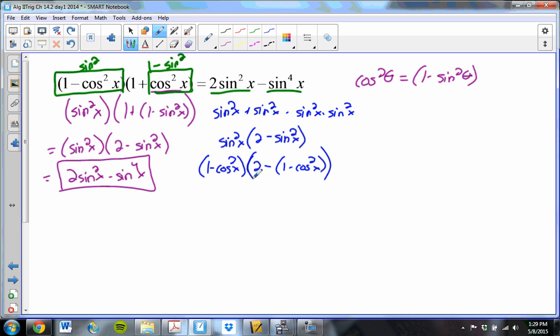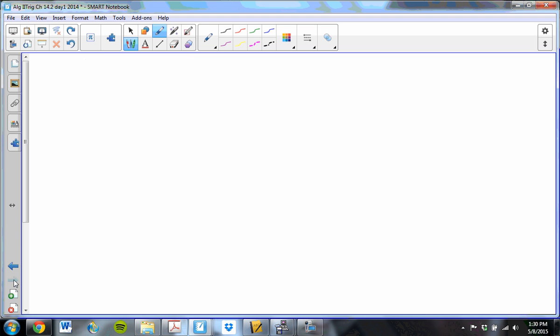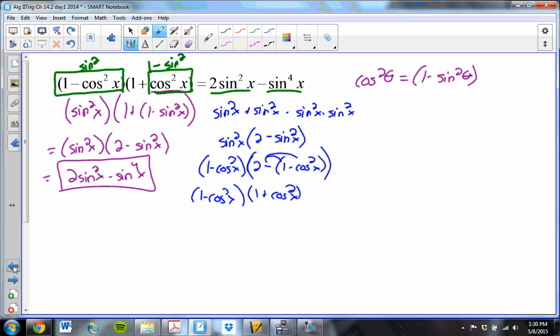And that gives me 1 minus cosine squared times 1 plus cosine squared. The negative has to distribute to those. And that's what I would have wanted. So I can do that from either side. I believe that takes care of them all. Hope you found that helpful. Thank you.